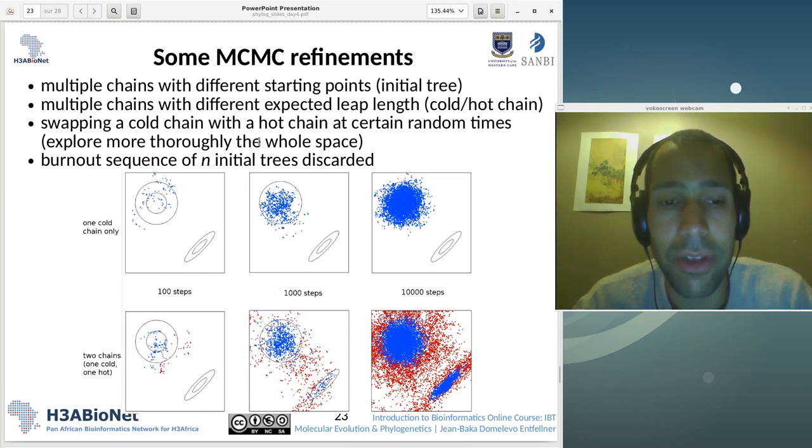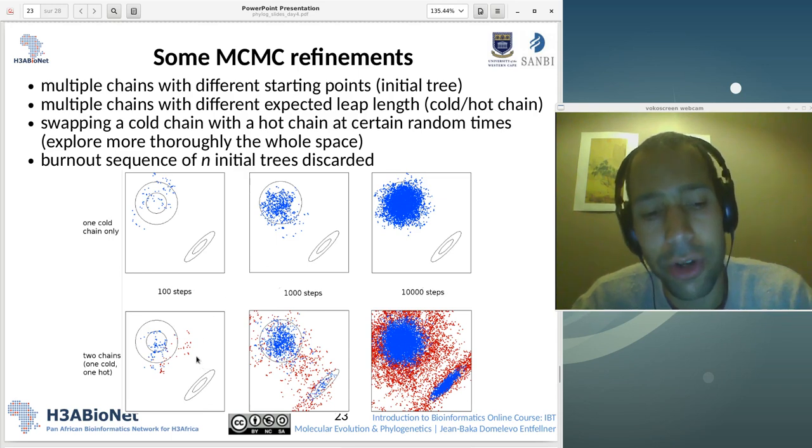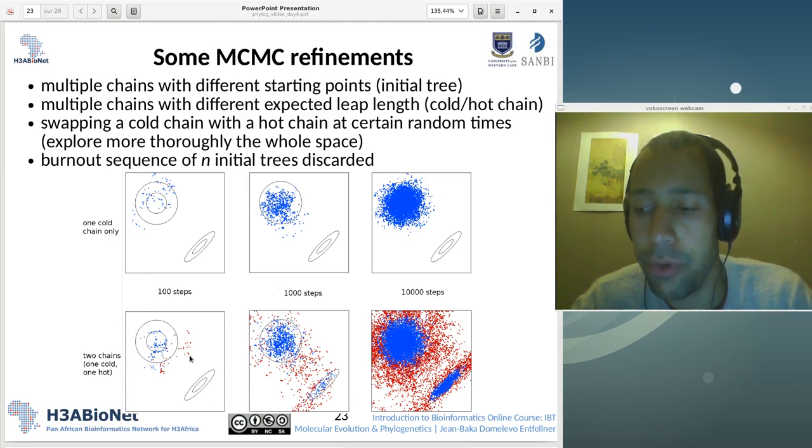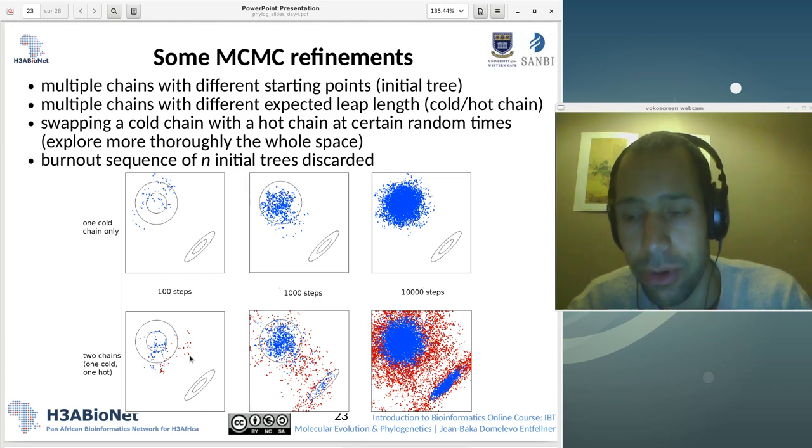have used is that from time to time you swap the cold chain and the hot chain, and it's beautiful. It means that, from the viewpoint of your program, you just say at some point, okay, these 2 chains explore in parallel, right? And at some point you say, okay, now the current position where the cold chain is, I place my hot chain there, and the current position of the hot chain becomes the current position of the cold chain, right?